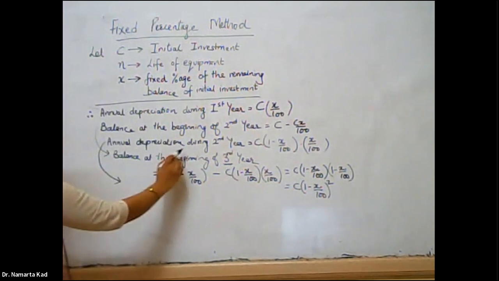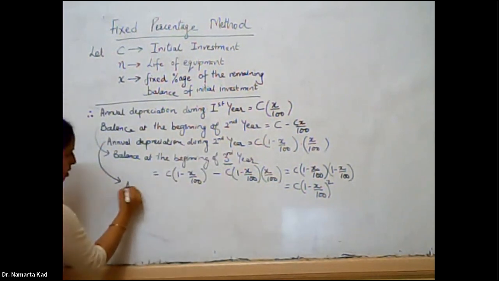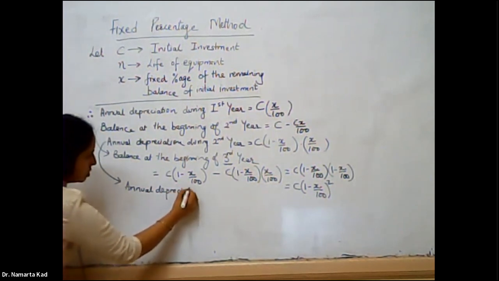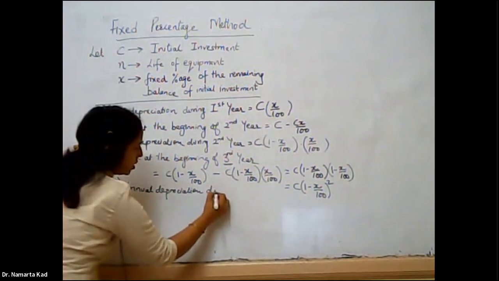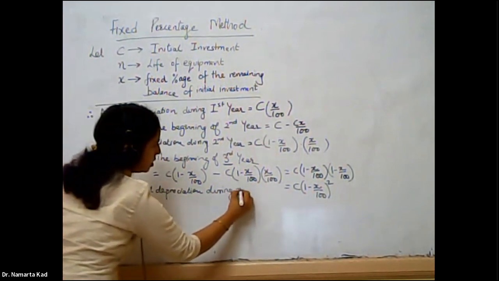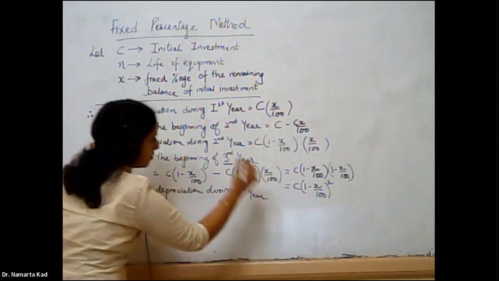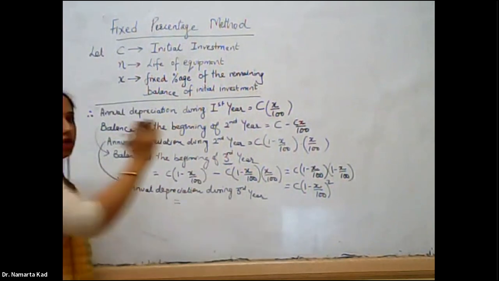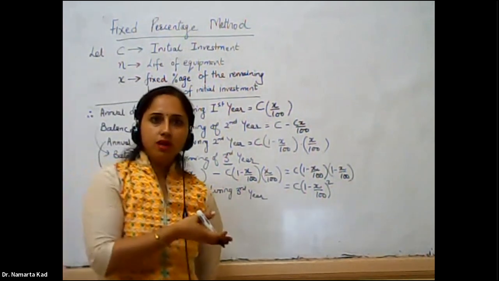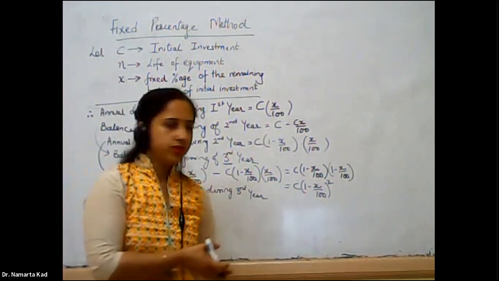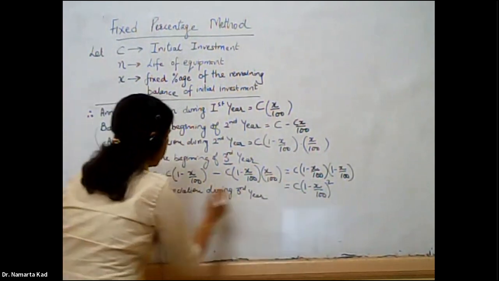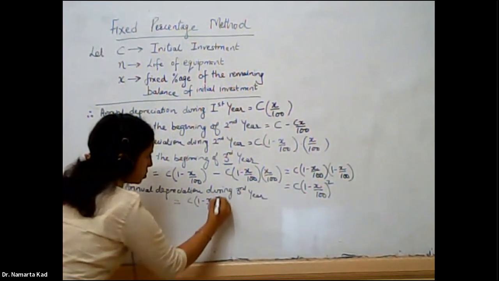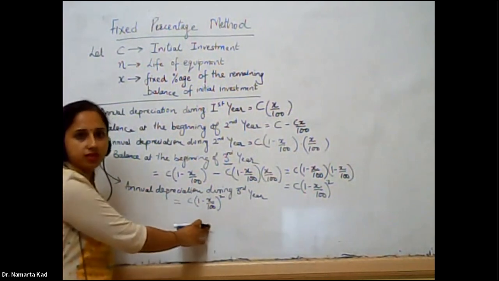Okay, now annual depreciation during third year. This is equal to a fixed percentage of the balance at the beginning of third year. This is our balance at the beginning of third year, that is C into 1 minus X by 100 whole square, the fixed percentage of this balance.